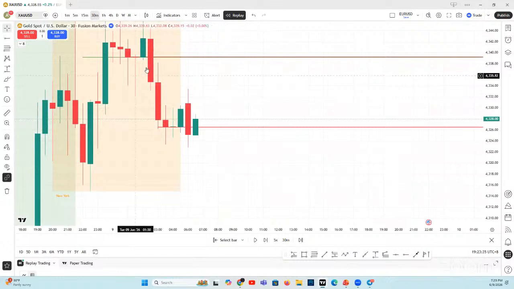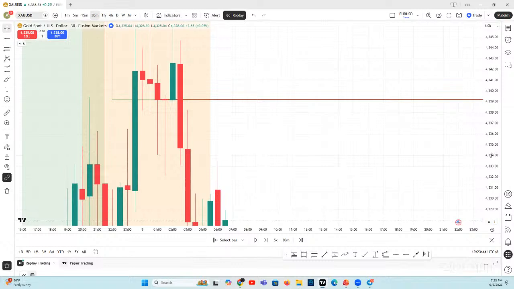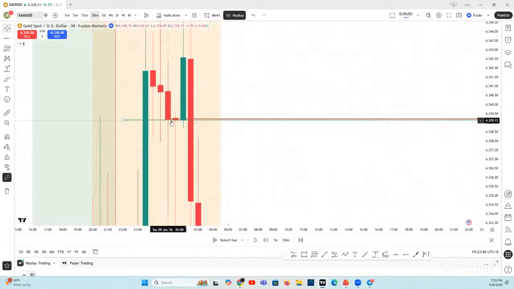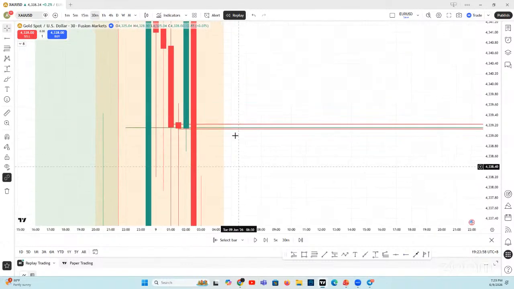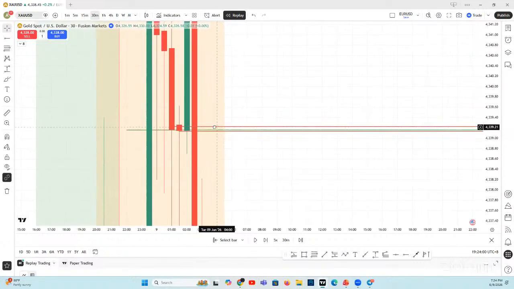M30. There is also M30 here. Is it? Yes. You see? Red, green, support. Okay, it will be like this.